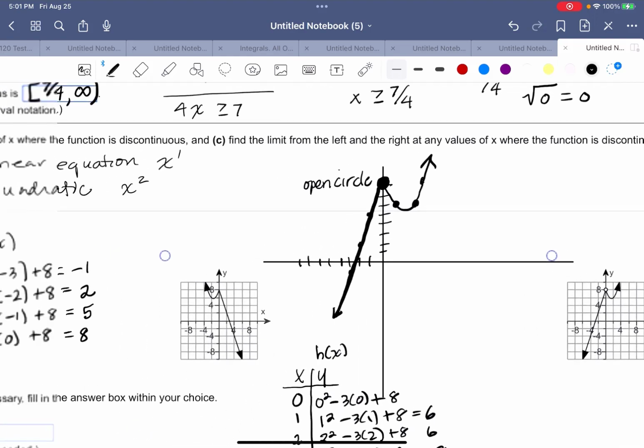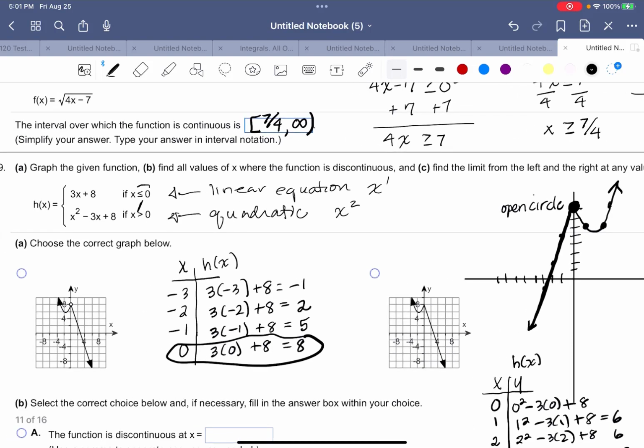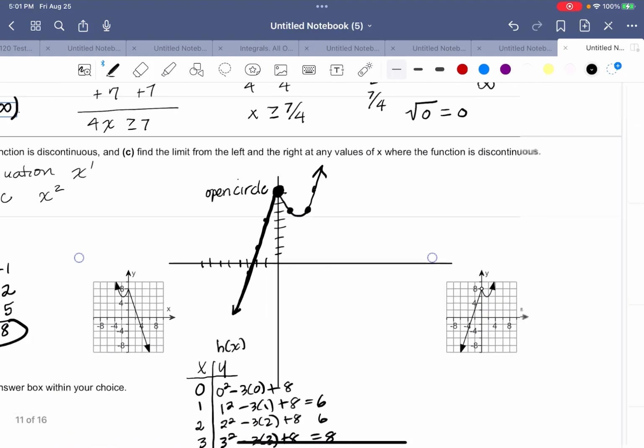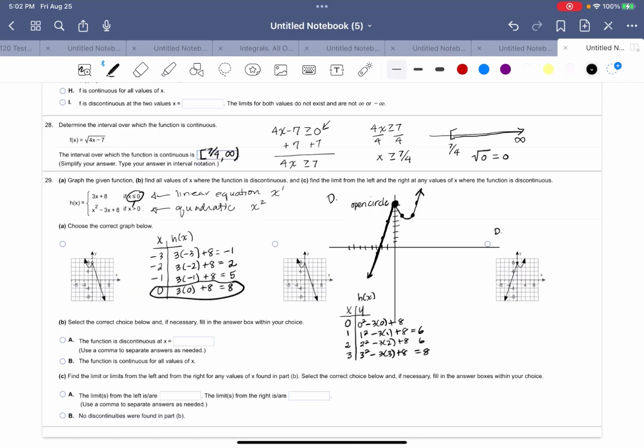But remember, when we did this side, at 0, there's a closed circle because it's included there. So the correct answer is going to be D, or I'll color that in and we'll call that graph D.